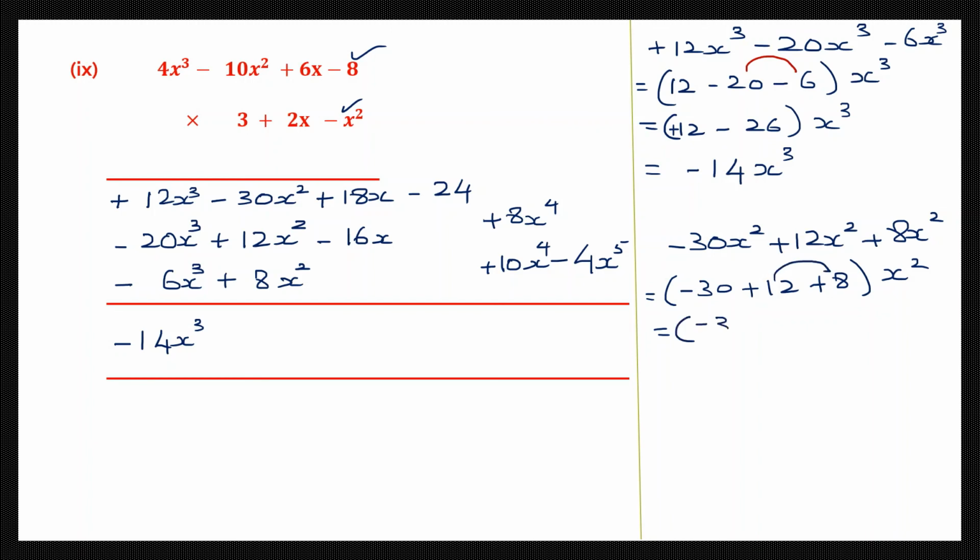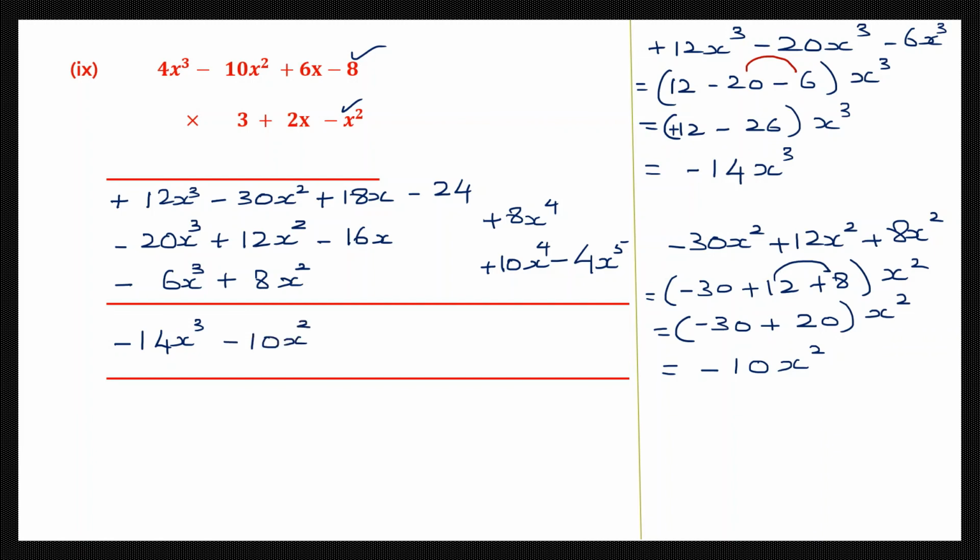So minus 30 remains the same, plus 12 plus 8 is 20x square. Here when signs are different, put the sign of the bigger number and subtract. 30 minus 20 is 10. So I get 10x square. So that is minus 10x square.